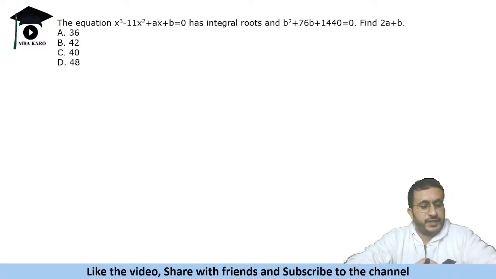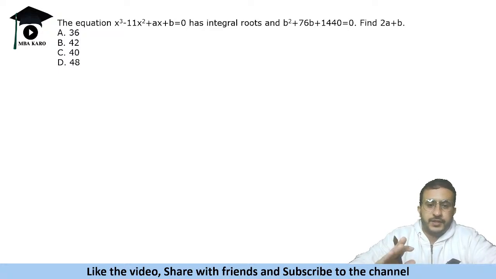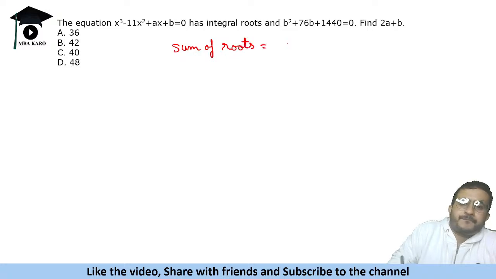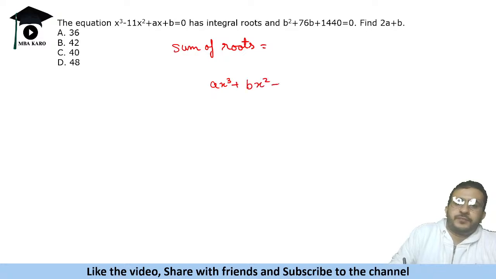Okay. So when you have a cubic equation, what is the sum of the roots? Sum of the roots is minus b upon a. So मतलब ऐसे सपोज ये इक्वेशन इस फॉर्मेट में है a x cube plus b x square plus c x plus d equal to 0.